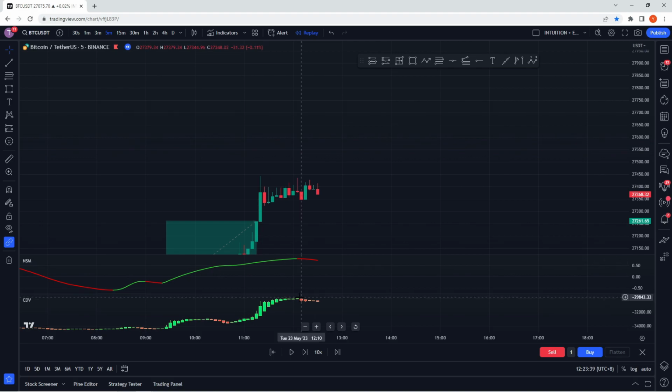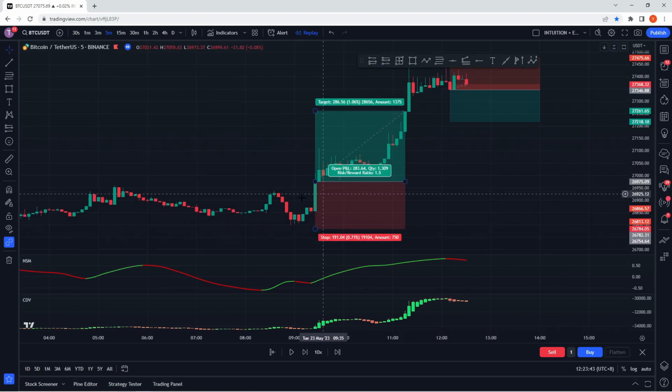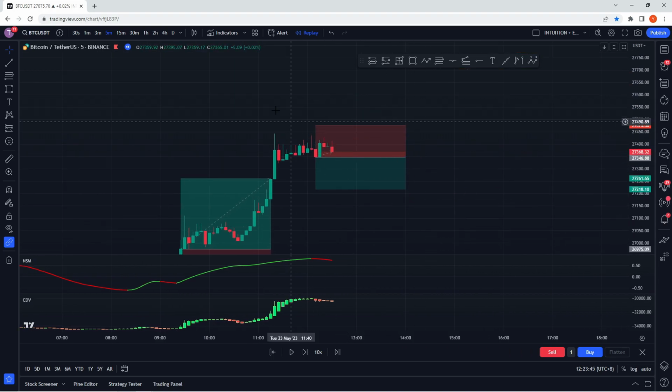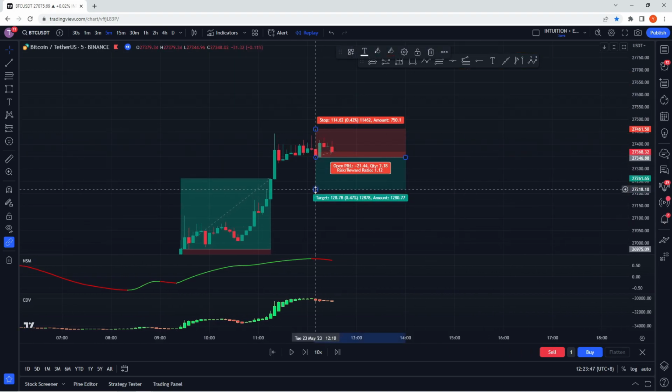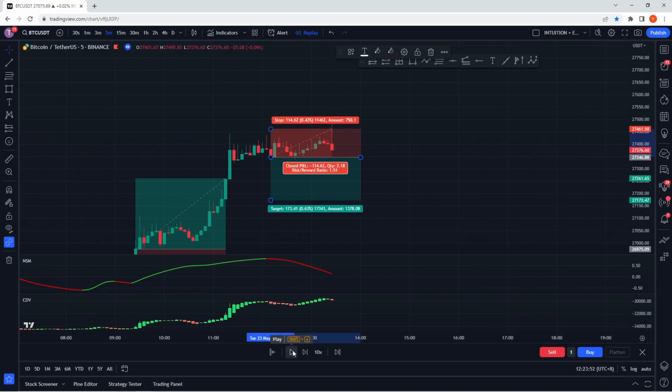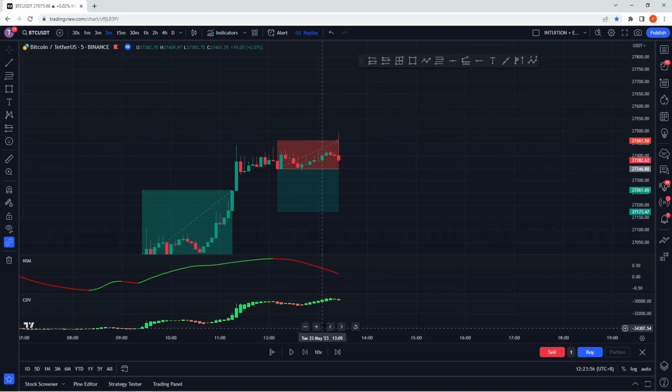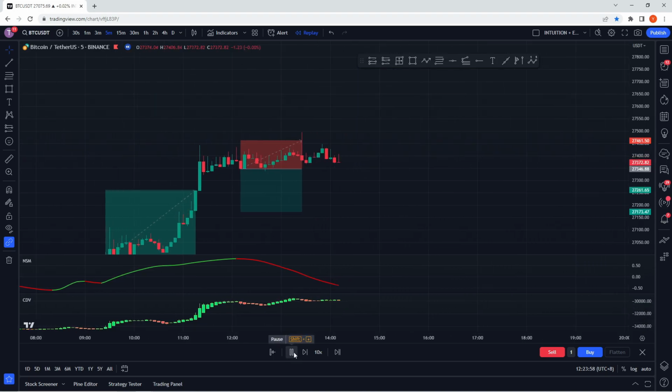Here we will enter a short, but in this case, because you clearly know that it's in the uptrend direction, I'll clearly not take this trade because it's quite risky, but I'm just going to take it for the sake of the video. And yeah, you can see it's clearly going to be a loss because you're going in the opposite way of the trend, which is not a good thing.